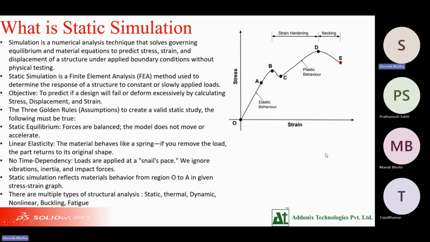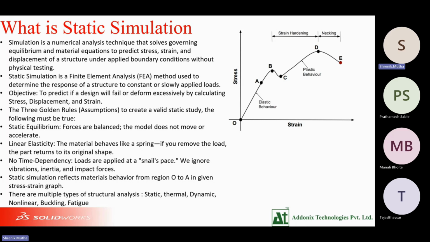Then the second assumption is the material will behave like a spring, because static simulation can only predict the model's deformation if it's elastic deformation. So the material behaves like a spring.